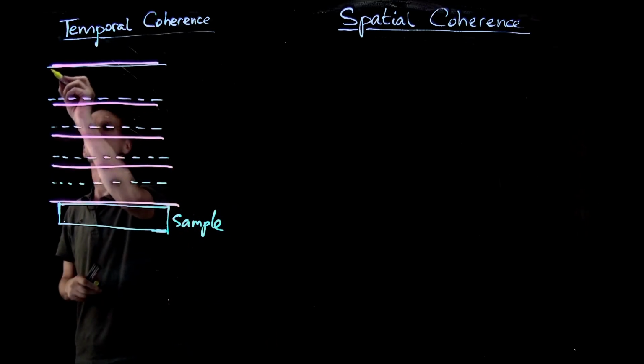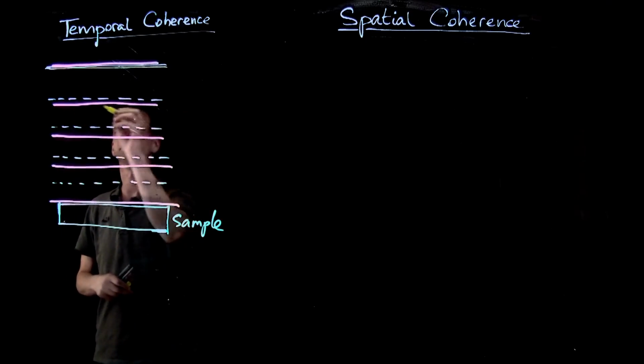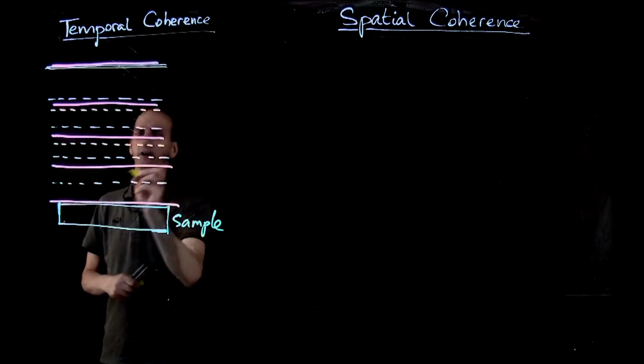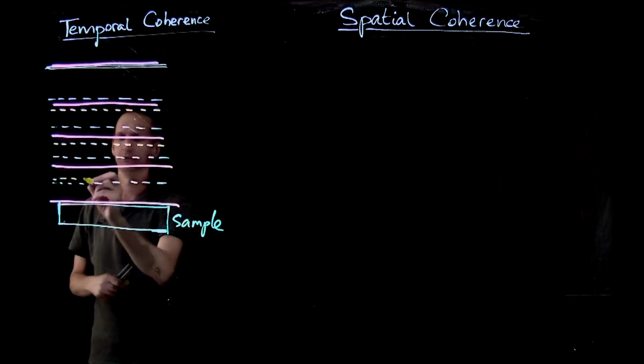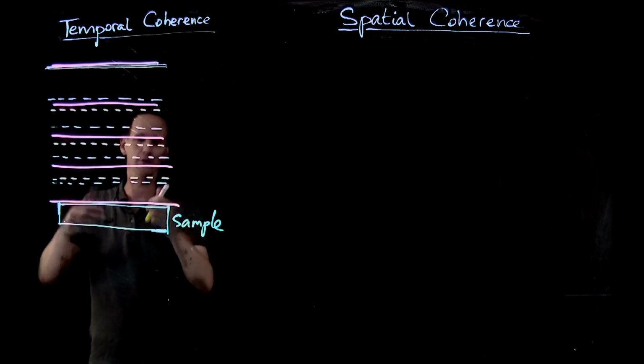Another wave that is maybe slightly higher in energy will go with a slightly larger wavelength, and then also be out of phase with the original wave on the sample.